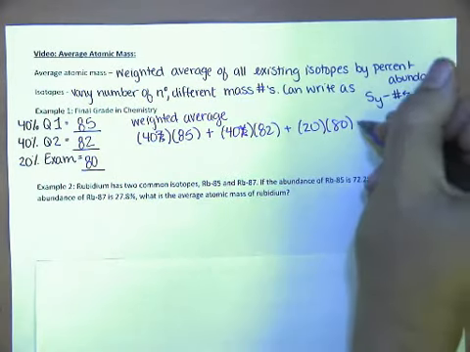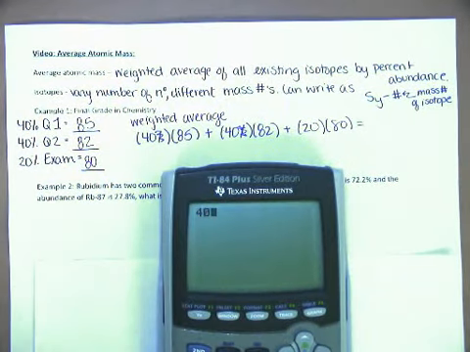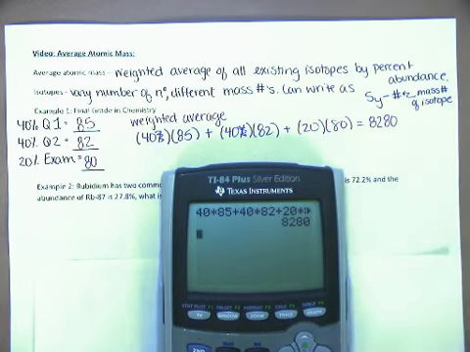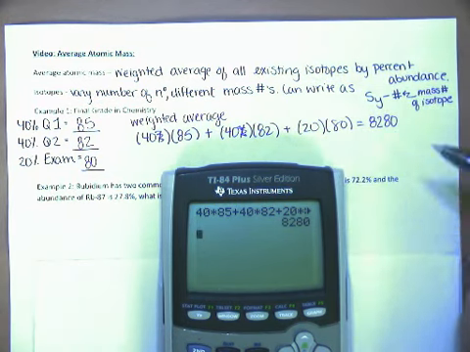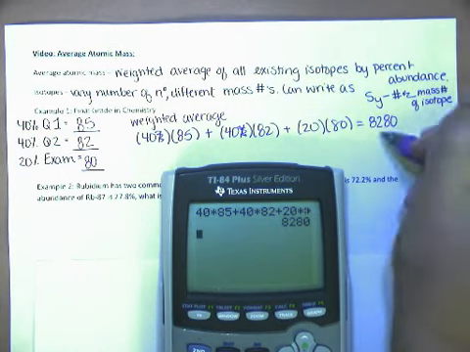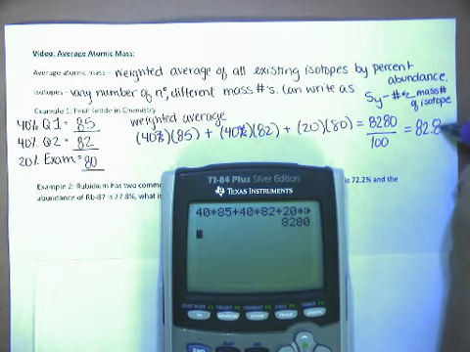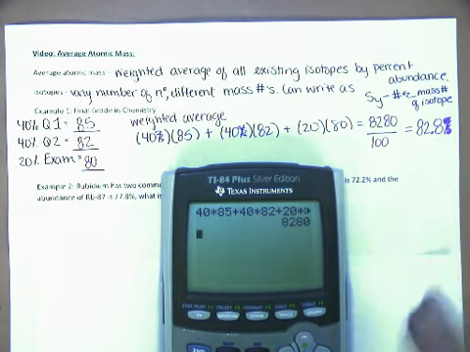Because these are percents, we get an answer of 40 times 85 plus 40 times 82 plus 20 times 80 to be 8,280. Well, I know that's not a percent or a score she's going to have, and that's because my percents were listed as percents and not as decimals. So to change a percent to a decimal, I divide by 100, and that gives me an overall score for my final grade of 82.8%, or an 82.8 as my grade.